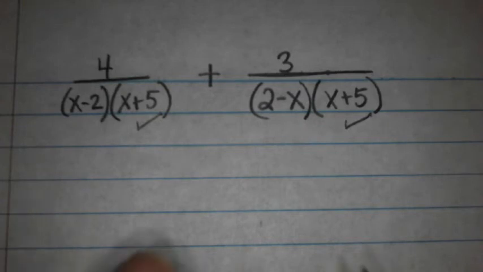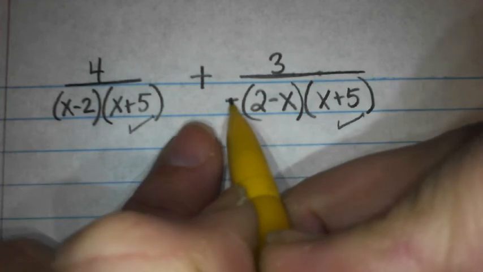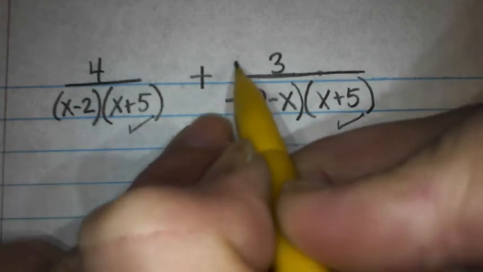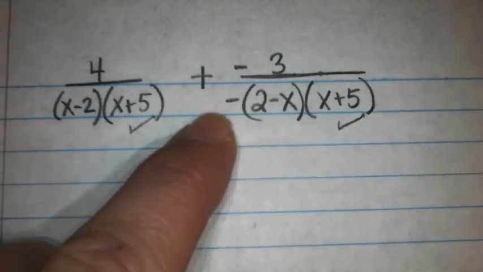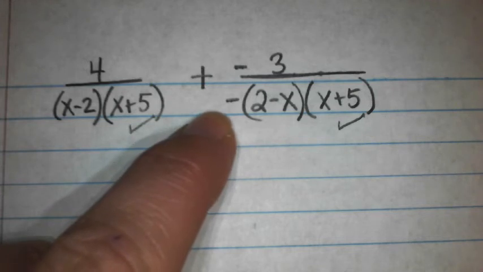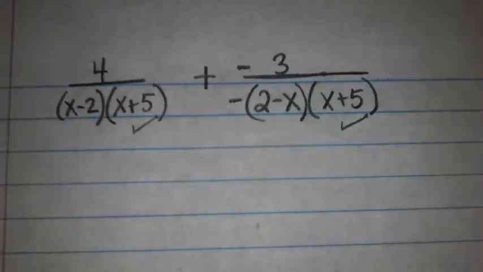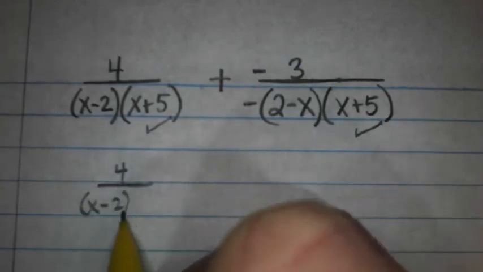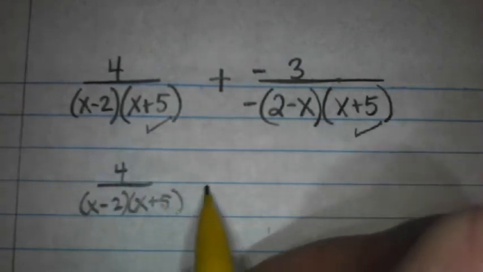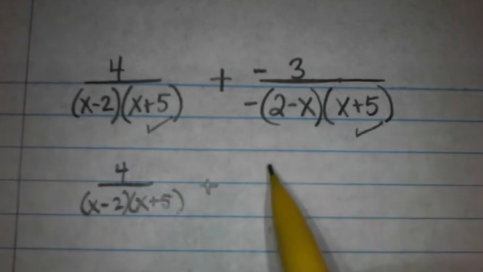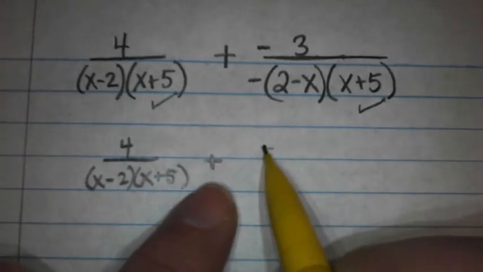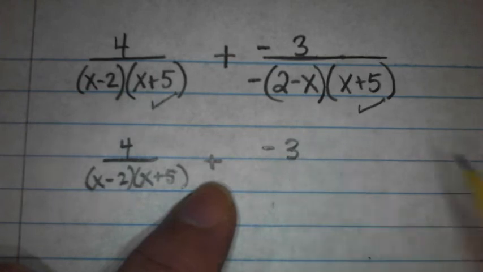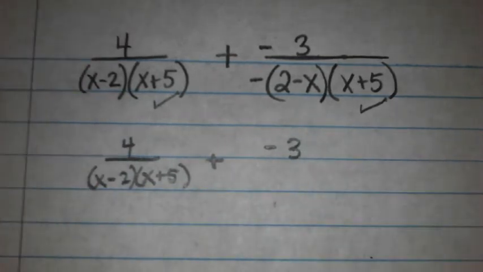Okay? To flip the order, you negate it. But you can't negate the denominator without negating the numerator, just like anything else. Whatever you do to the numerator, you have to do to the denominator. So what that's going to change this into is 4 over x minus 2, x plus 5 stays the same. But on the second one, it's going to be a negative 3, or we could just make it minus 3, but I'll do that.